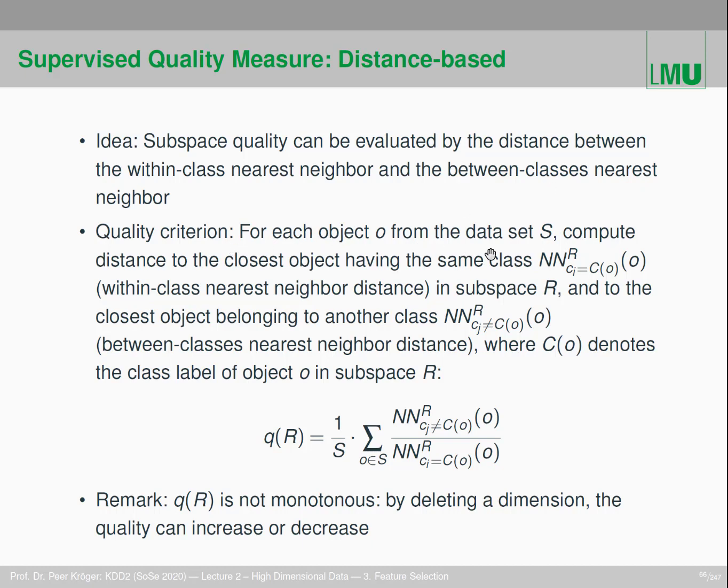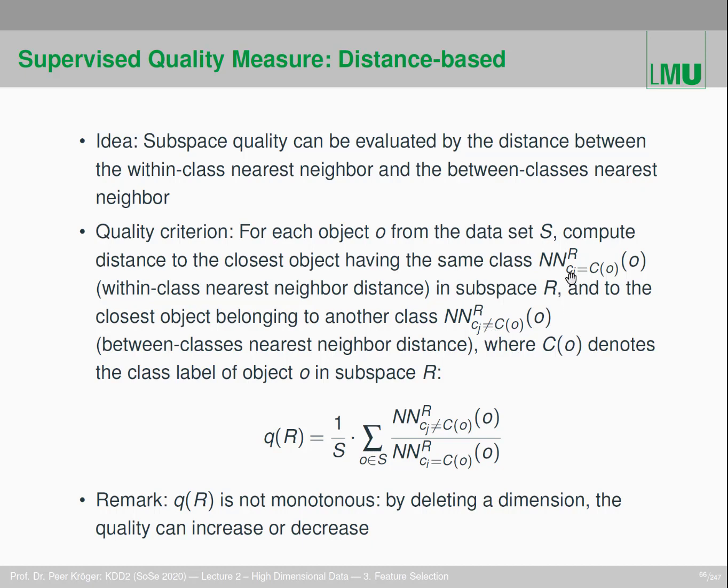For each object you compute the distance to the closest object having the same class, which is denoted as this one here, in a specific subspace R, and the closest object belonging to another class, which is denoted here. So you see the difference: nearest neighbor within the class, nearest neighbor in all other classes.